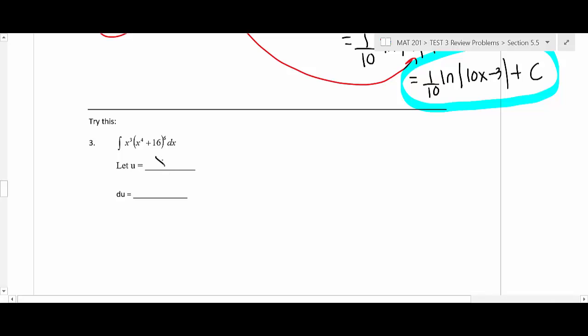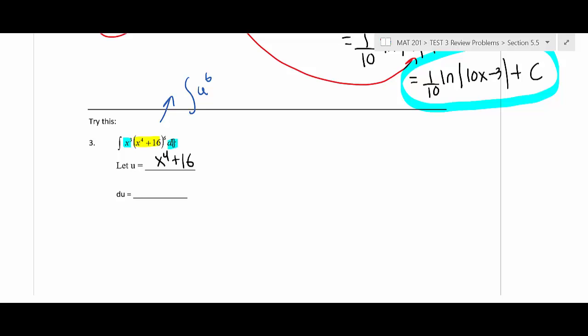Now, remember, if that's your u, then you're hoping that you would just end up with an integral of u to the 6th. You could do that, right? The other thing is you're hoping that when you differentiate that, when you get du, it would give you x to the 3rd dx, or it would just be off by a constant. You guys take it from there. I'll give you a couple minutes to see if you can finish it up.